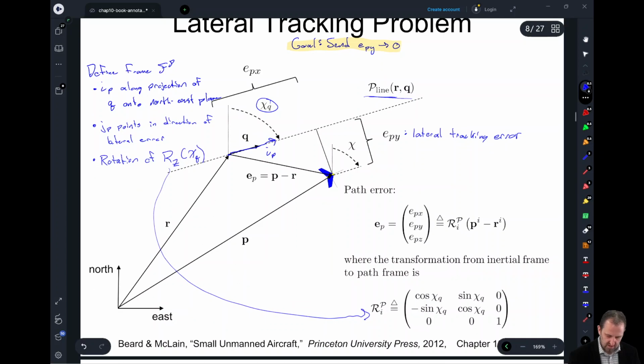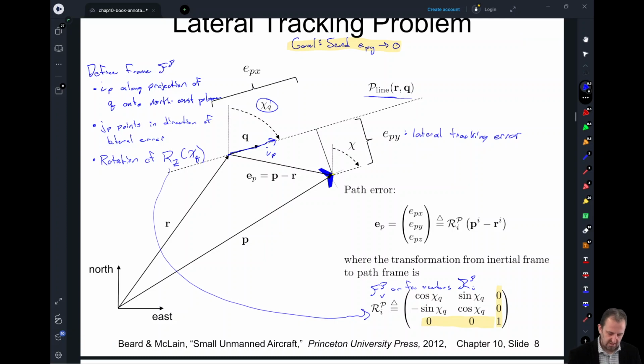Because we have the 1 in the z spot, we know that this is a rotation about the z-axis. Now this transforms from the vehicle to the line frame, or for vectors, we can say that it goes from the inertial frame to the line frame.